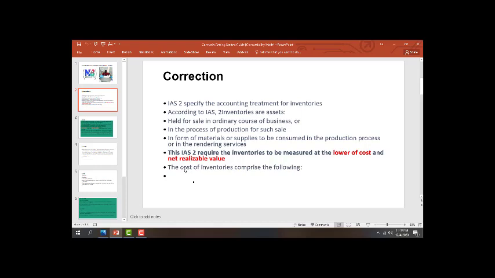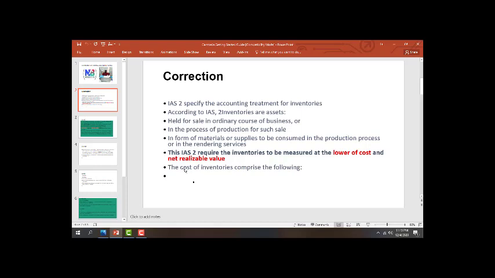IAS 2 defines inventory as assets held for sale in the ordinary course of business, in the process of production for such sale, and in the form of materials or supplies to be consumed in the production process or in rendering services. If we look at this point, it indicates inventory of finished goods, inventory of work in progress, and inventory of raw materials.